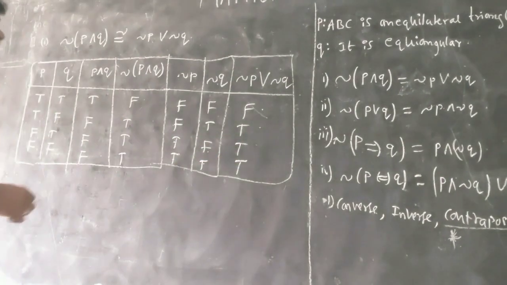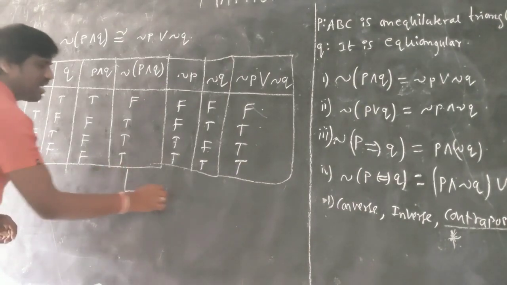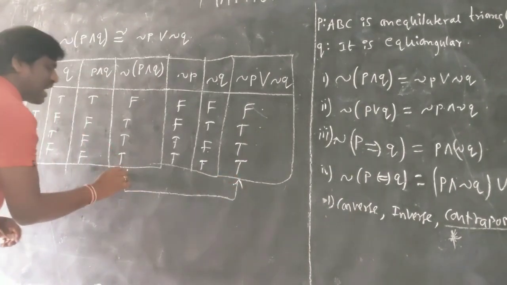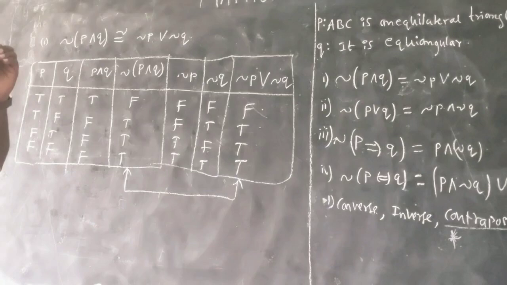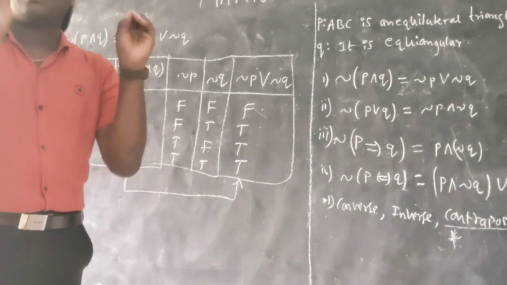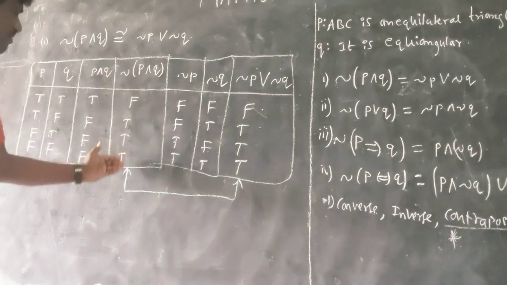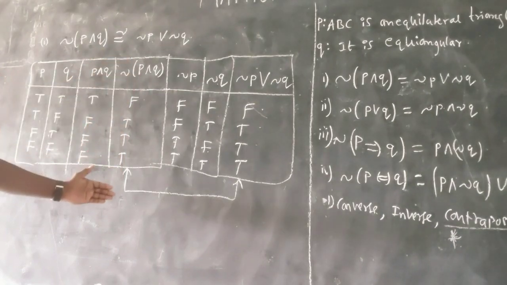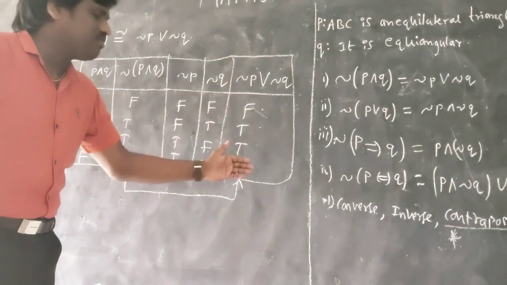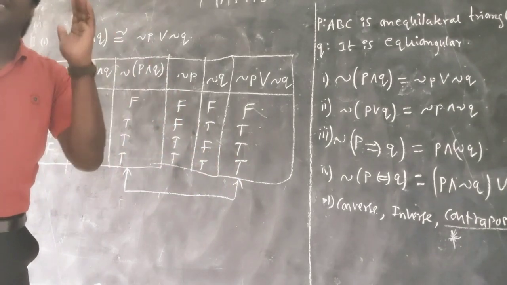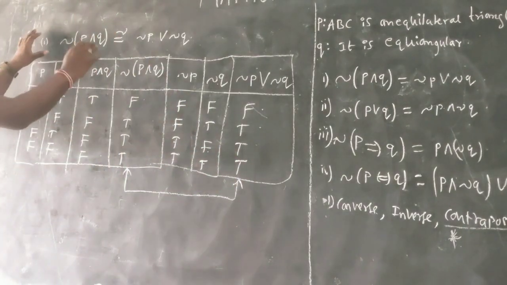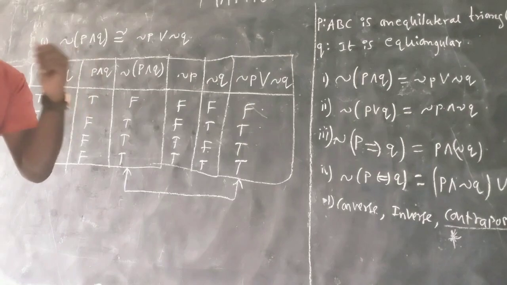Just look at this picture, the right and left side. Are both truth values identical? Yes. The truth values of this one and the truth values of this one are identical. So we can say both are equivalent.